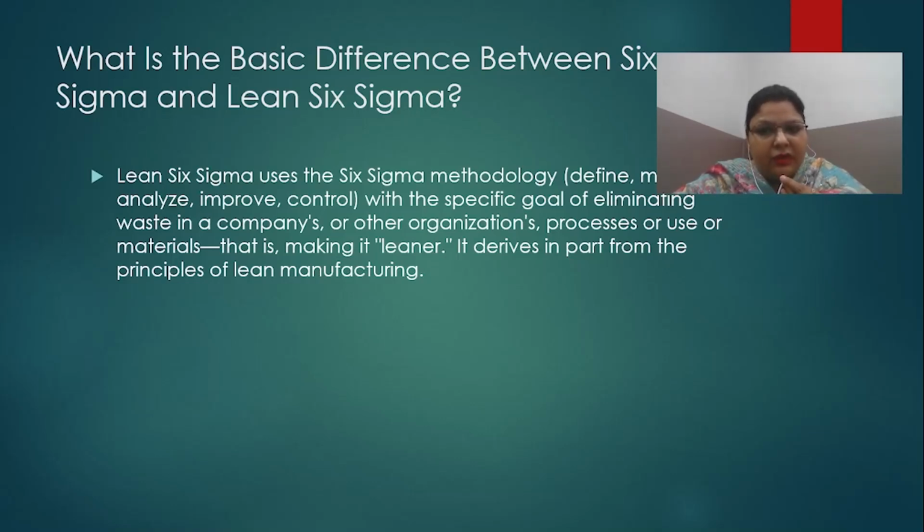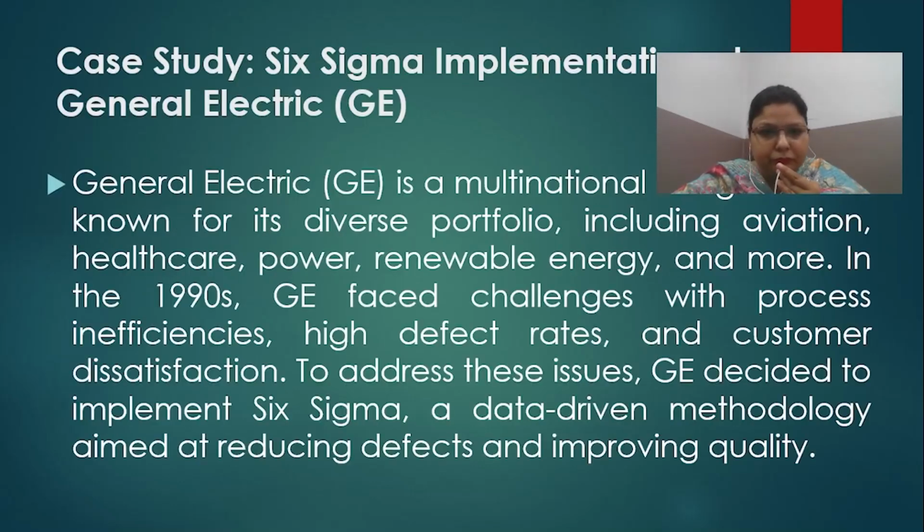It derives in part from the principles of lean manufacturing, because lean sigma uses the Six Sigma concept. So there is no real difference between the Lean Sigma and Six Sigma concepts.